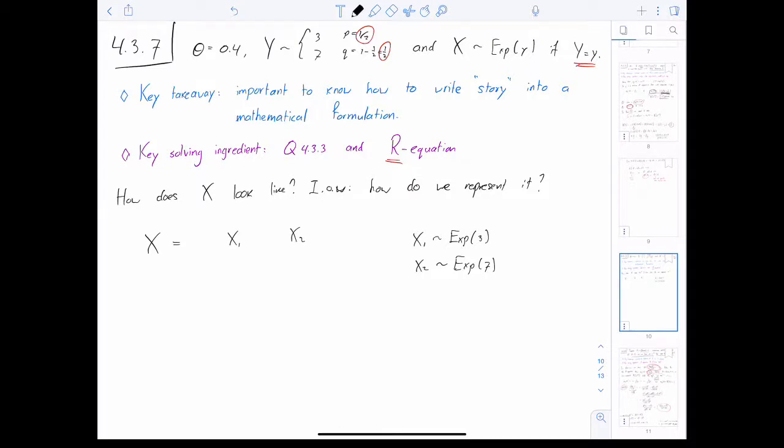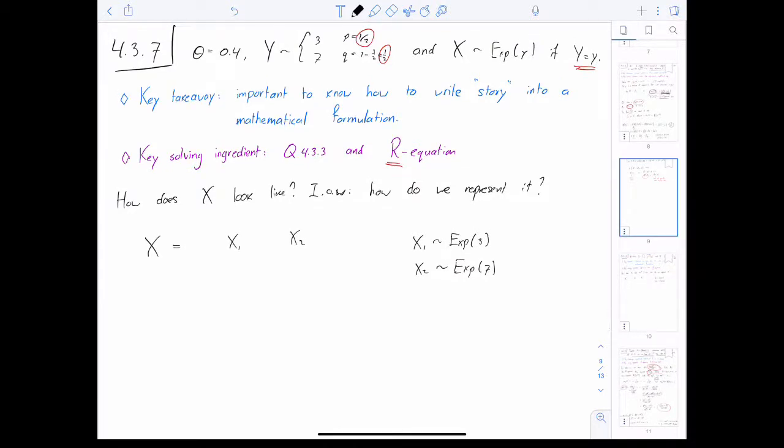Now we just have to determine when one happens and when the other happens. This is the case if Y is 3, and this is the case if Y is 7. And these are both with probability 1/2, right?